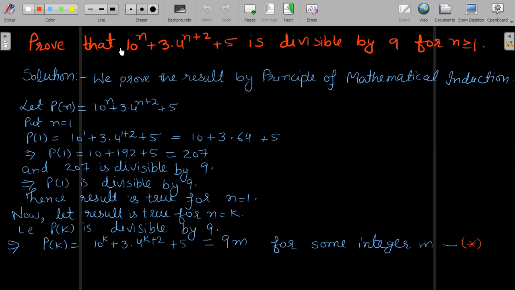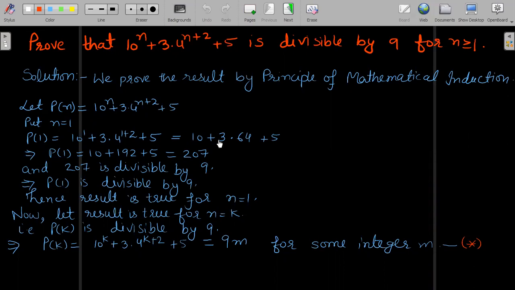So we proceed as: let Pn be the name we give this term. Pn = 10^n + 3·4^(n+2) + 5. Now put n = 1. Then P1 = 10^1 + 3·4^(1+2) + 5.